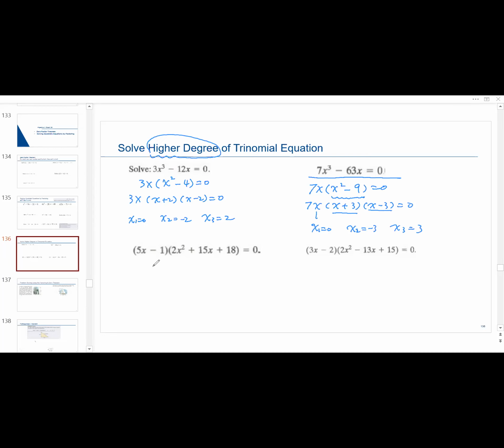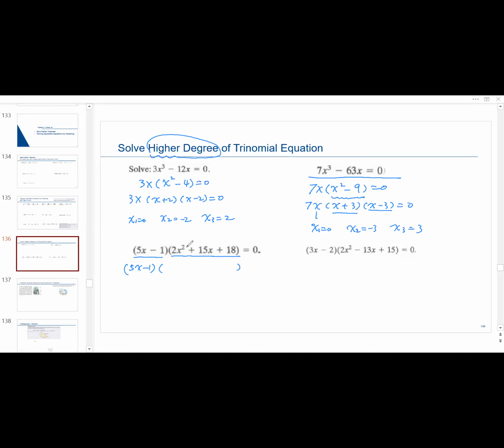All right, see the last one here. So they're higher degree. We need to factor this part because this part is easy, right? So we just copy it down here first. What about this part? How do we factor it?